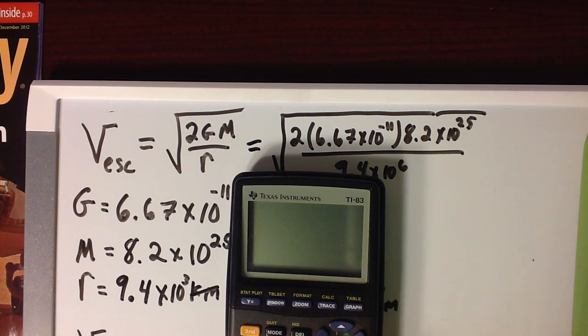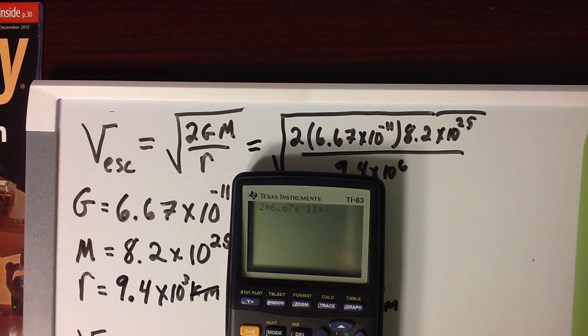I'm going to do the square root at the very end, so I'm going to go 2 times 6.67. Remember to use your exponential notation, however your calculator uses it. This one I have to do Shift EE to the minus 11th. Remember, you don't use the minus sign per se, you use the negative button. You've got to figure out where that is on your calculator.